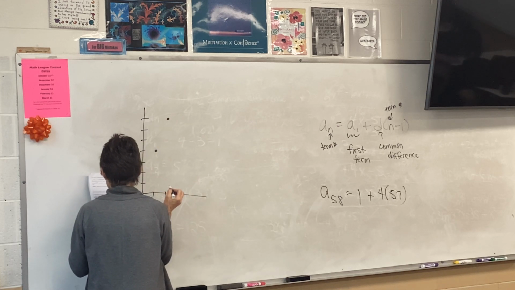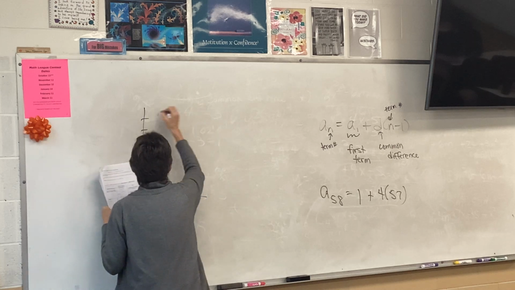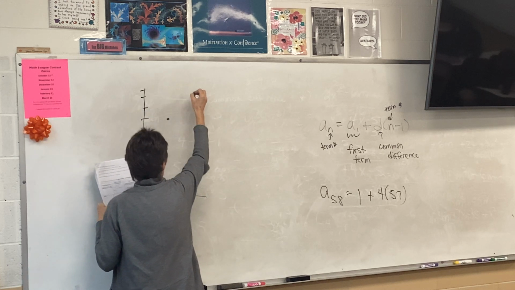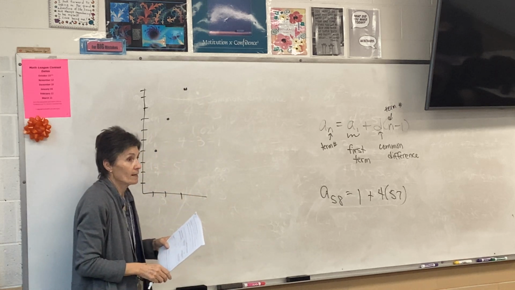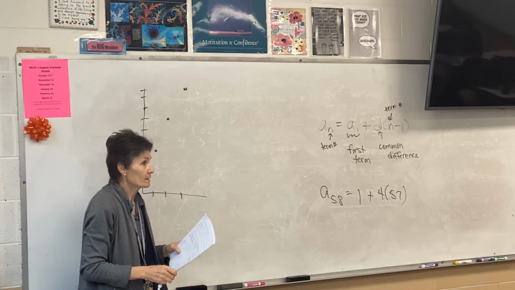And it gets big pretty fast, so I'm only going to graph 3 points, because that's all I have room for. Is that what you got? Don't connect them, that's just it.